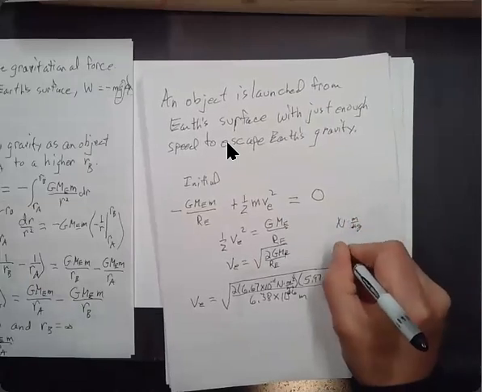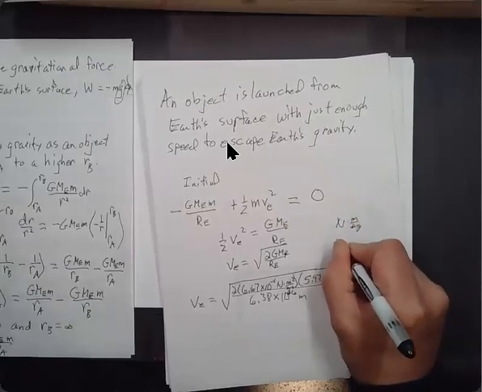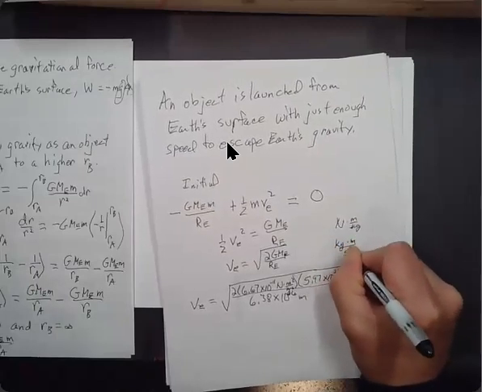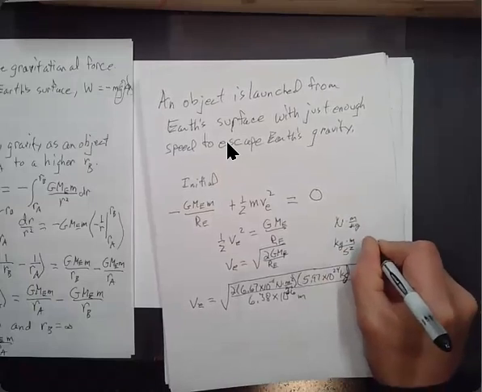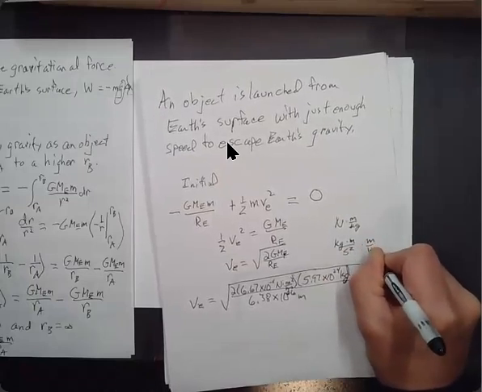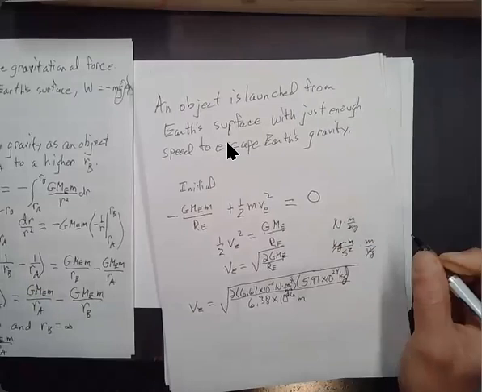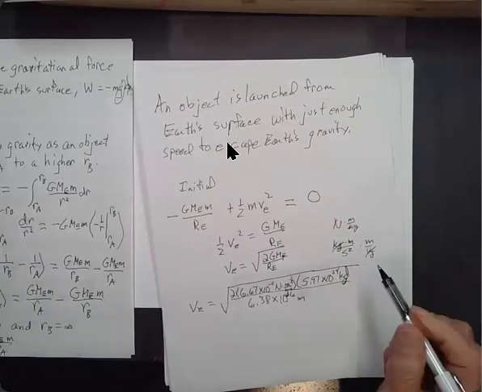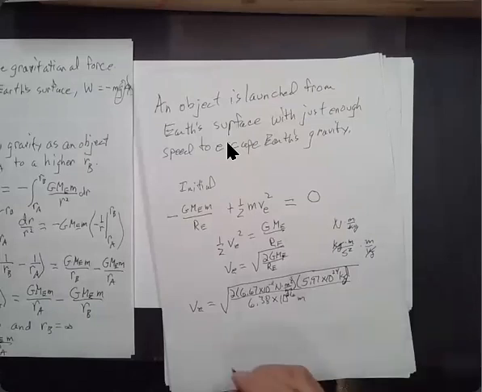But a Newton is a kilogram meter per second squared, and I'll be multiplying that by meters over kilograms, and kilograms divide out, and I'll have meters squared per second squared under a radical, which when I take the square root are meters per second.